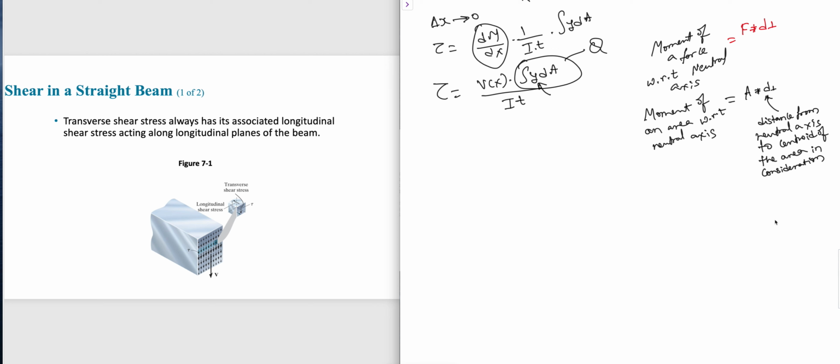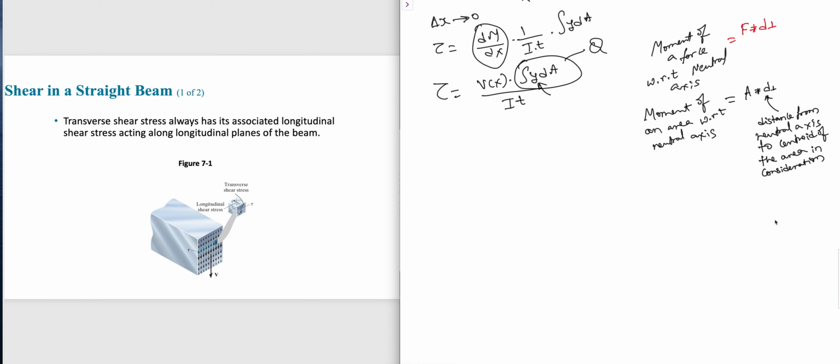For example, let's take that there is this cross section. On the left hand side it's attached, fixed. Let me draw it big.